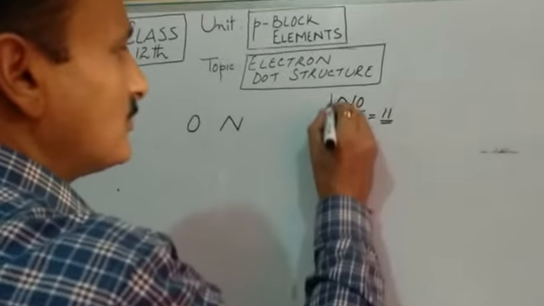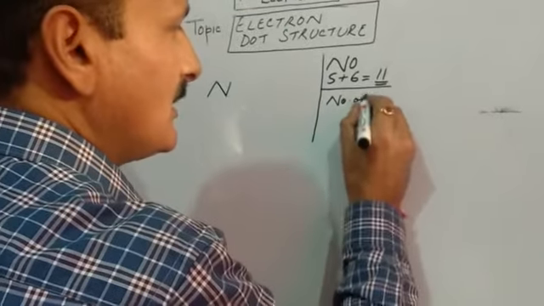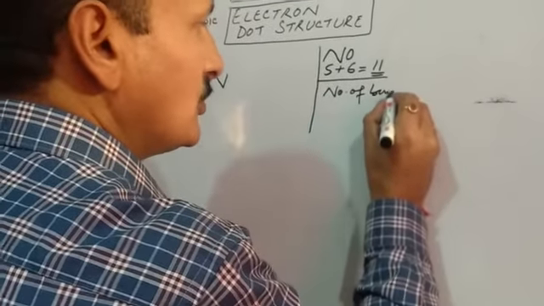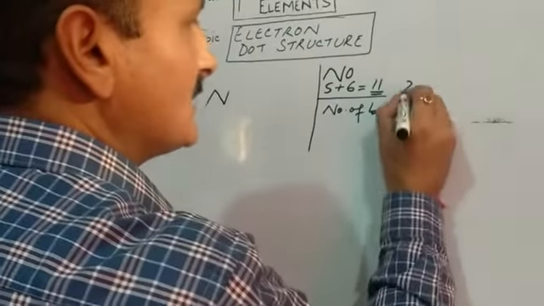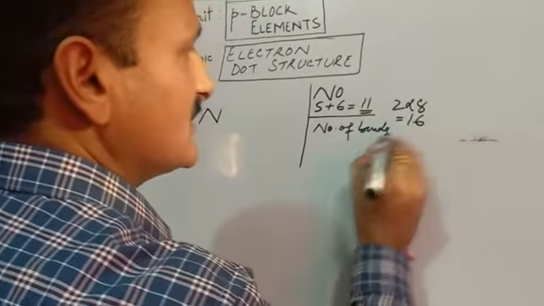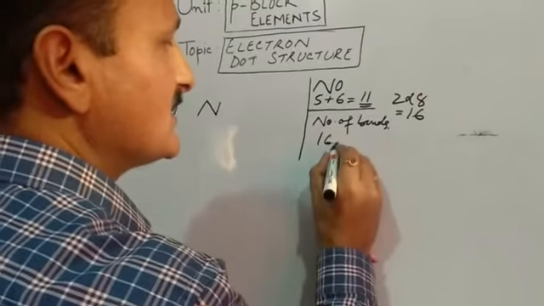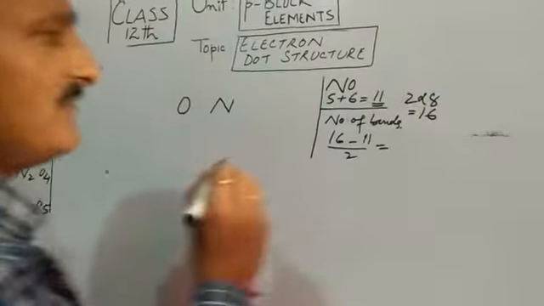Now before moving further, let me tell you how to find the number of bonds. We have 2 atoms here. For 2 atoms to complete their octet, we multiply by 8, and we get 16. The difference will be 16 minus 11. If we divide this difference by 2, we will get the number of bonds.